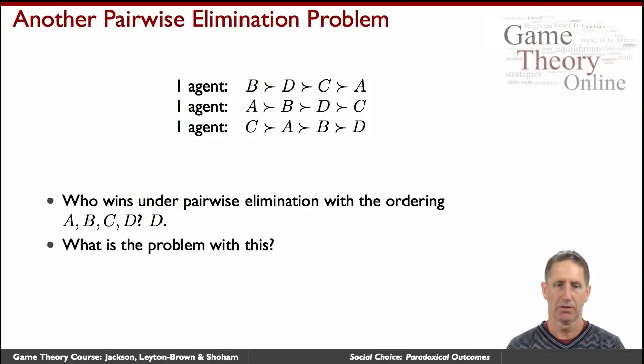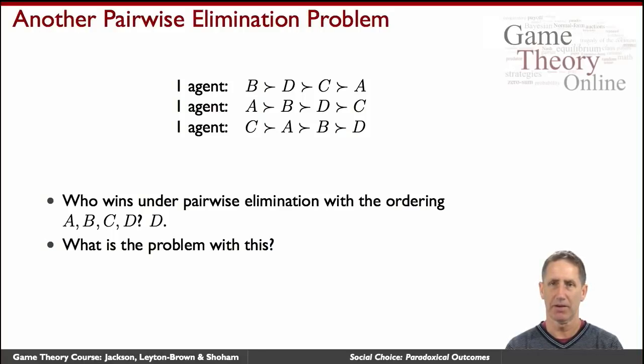What about this case? We're now not talking about different orderings. We're talking about a given ordering and an outcome, but there's something a little troubling about this outcome. What is it?